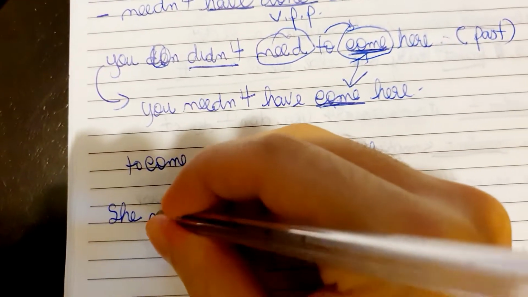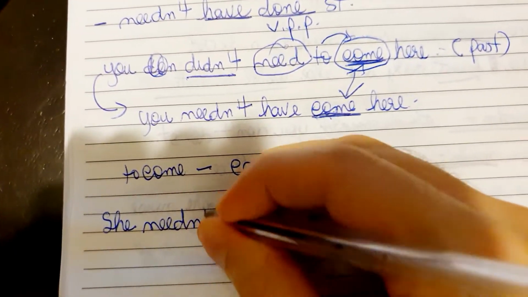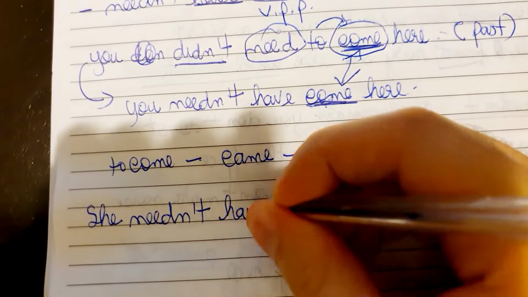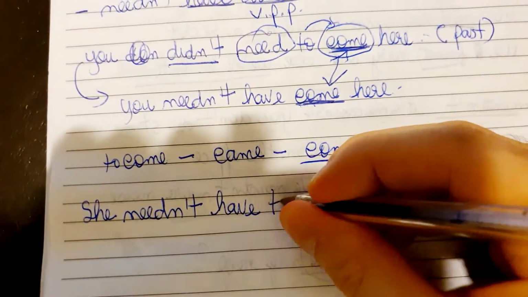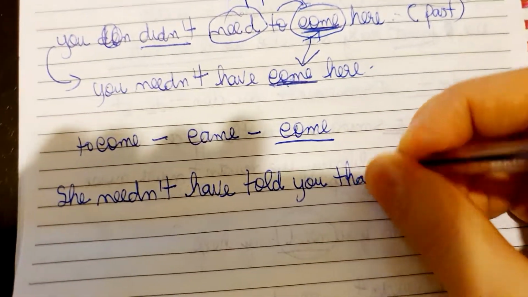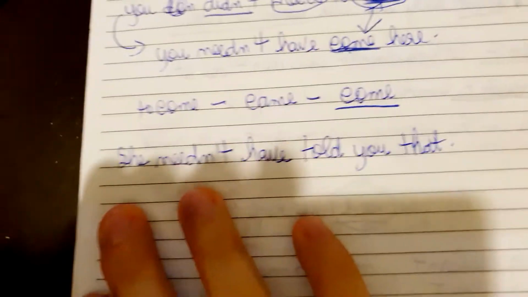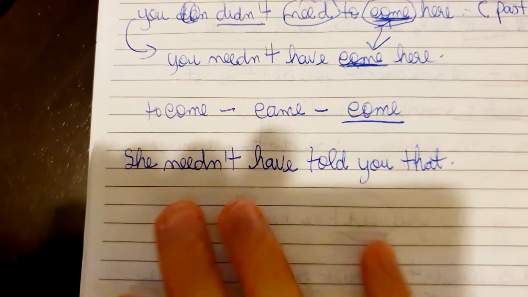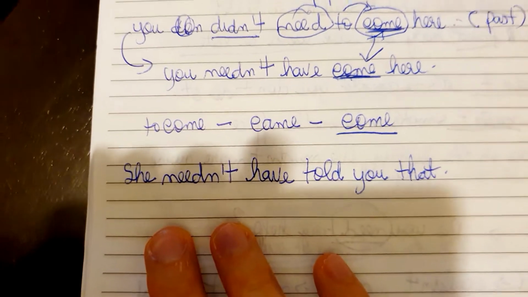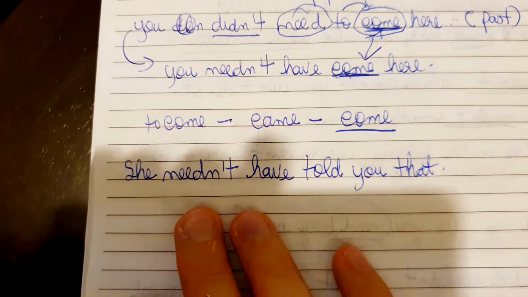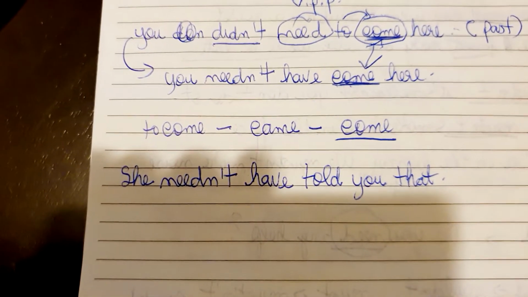She needn't have told you that. Okay, so I told someone a secret. I told a friend of mine a secret, but she couldn't hold herself, okay? She's into gossiping, and she told somebody else.